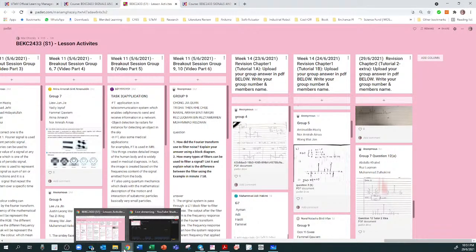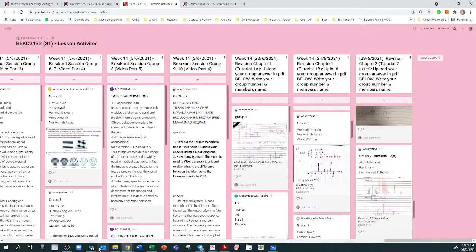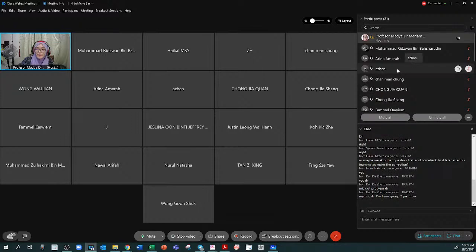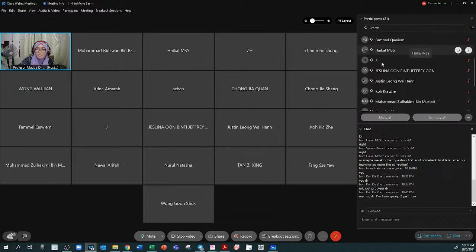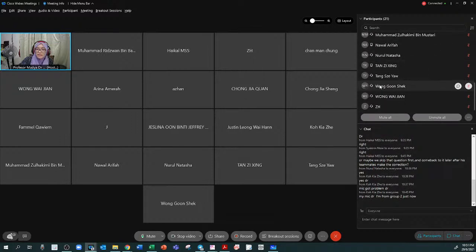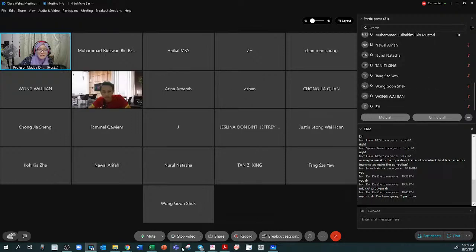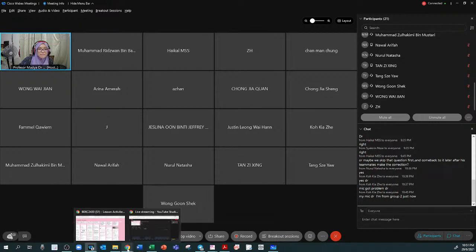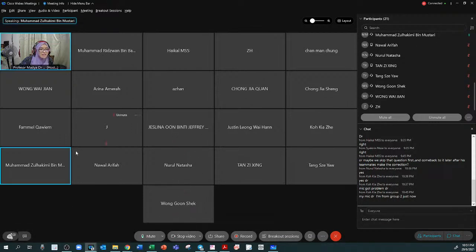Ada tadi. Ada ke tak ni? Dah tidur. Ruz Luqman ke tadi nama? Dah makin tak ada orang ni. 21 orang ni. Saya boleh dulu. Mana? Siapa tu? Boleh share screen? Zal Hakimi ke?